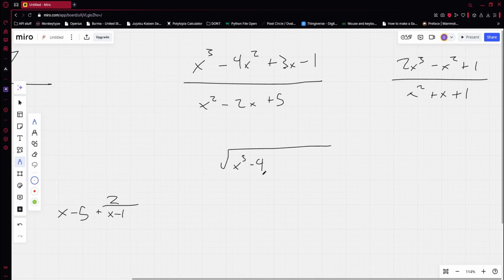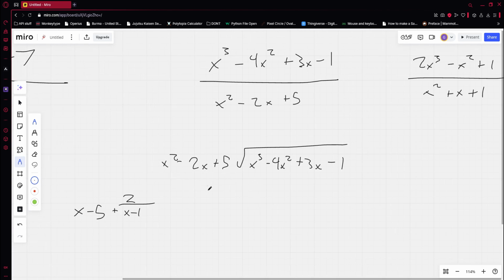x cubed minus 4x squared plus 3x minus 1. Easy peasy. We do the same thing as before. So, what do we multiply x squared by to get x cubed? x. Except instead of doing it at the second point here, we have 1, 2, 3.